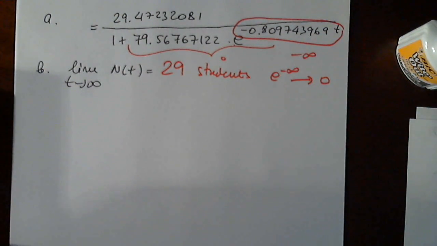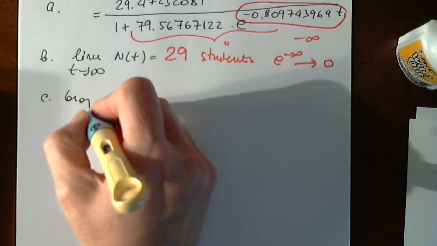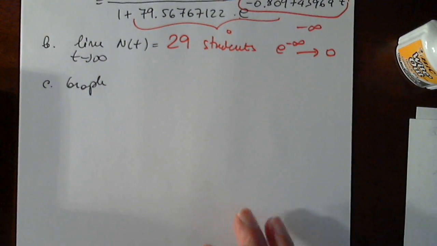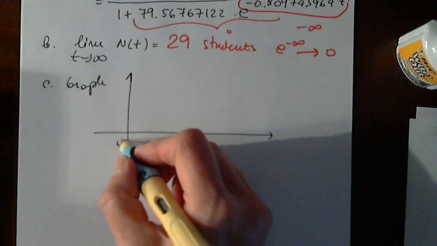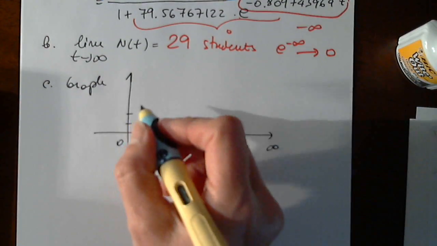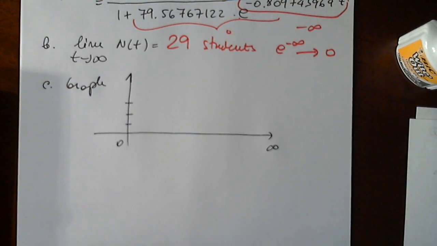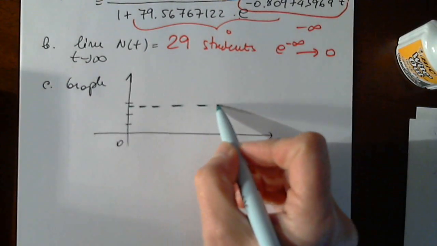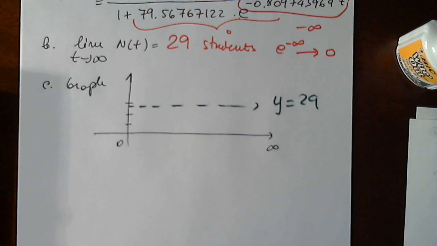Is there part C? Graph the function. Okay. Find the rate of change, n prime of t. Okay. Part C. Graph. Zero to infinity. Limiting size. 10, 20, 30, so the horizontal asymptote, y equals 29.